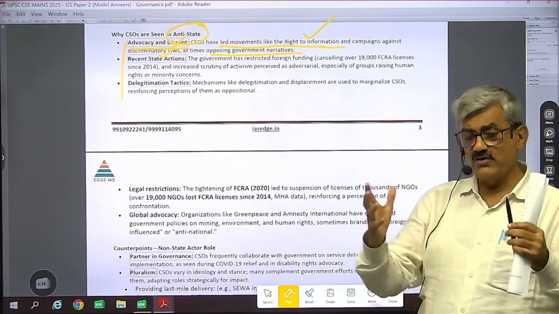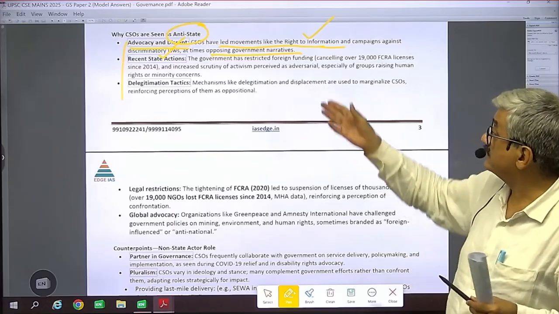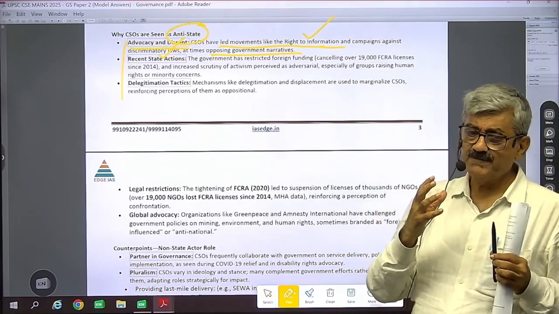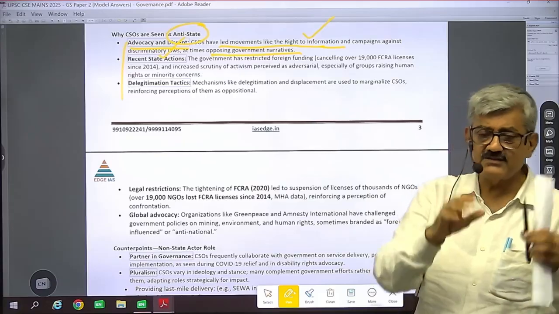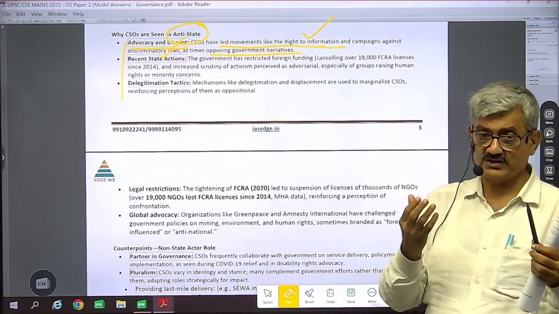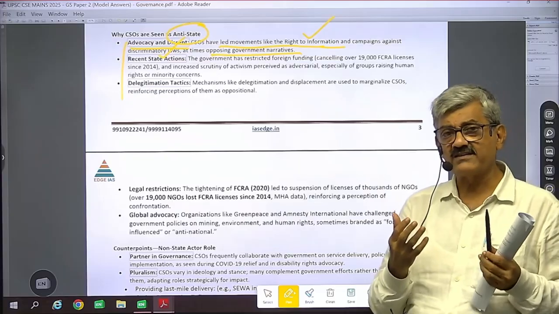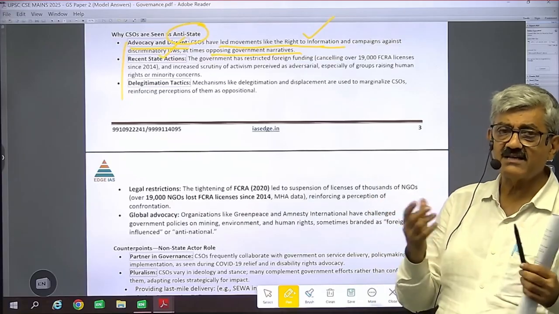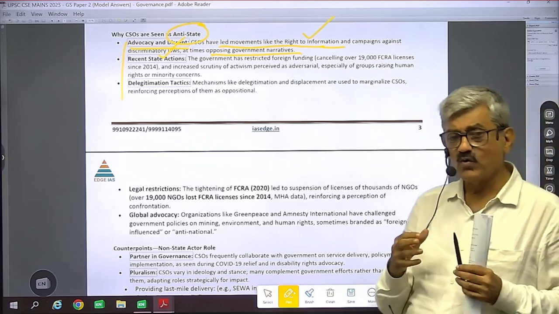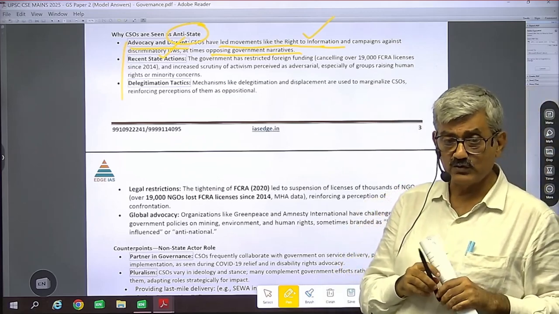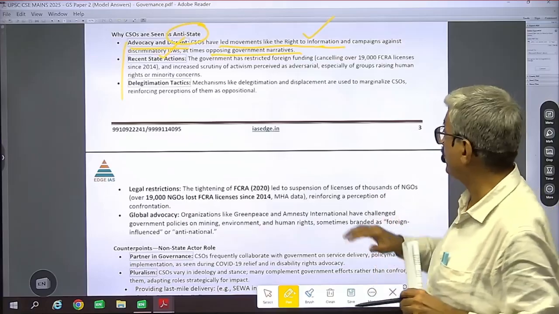So on many occasions, the stand of these CSOs has been not only critical. Critical is very fine, but what is important is that they go beyond their jurisdictions. Sometimes, with foreign funding, the government has certain information that their role is not in terms of strengthening our social values, political values, democracy, and all that.